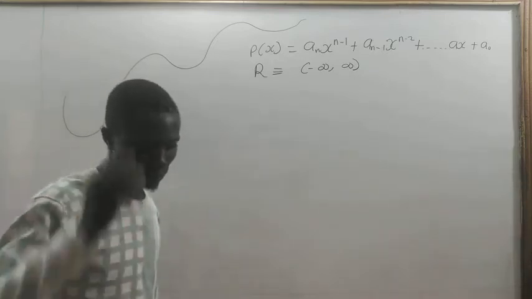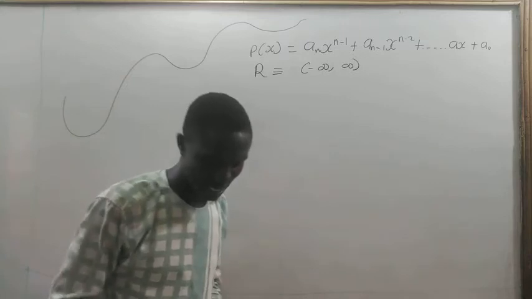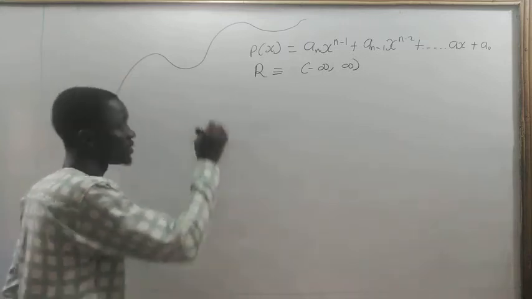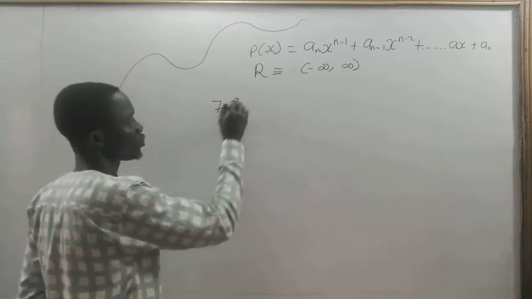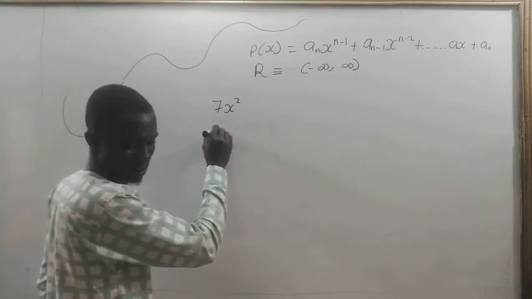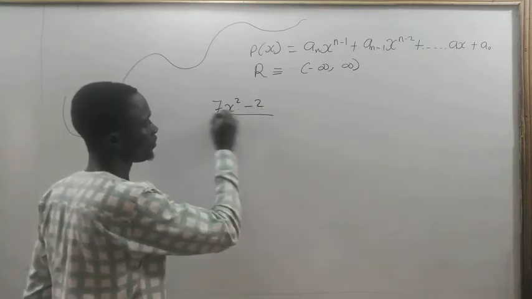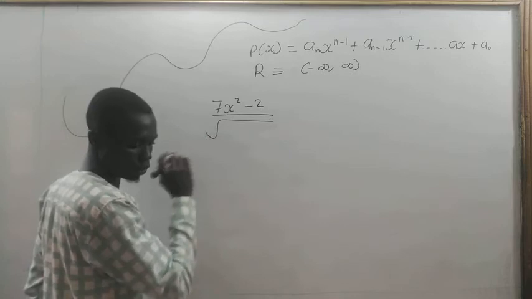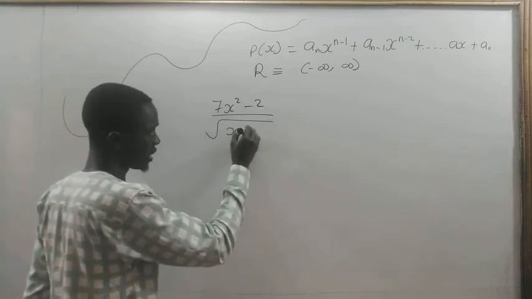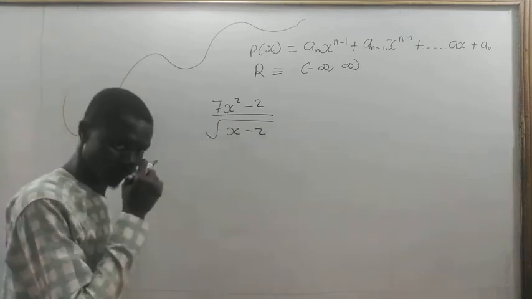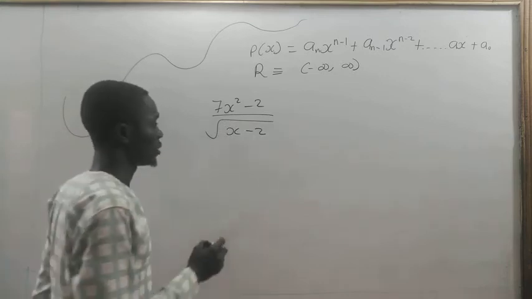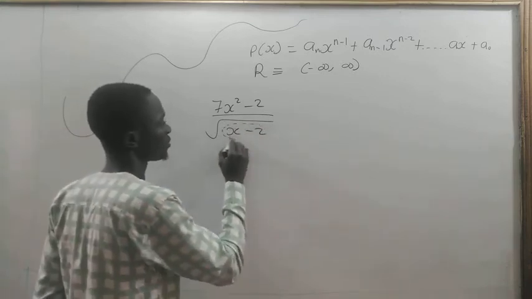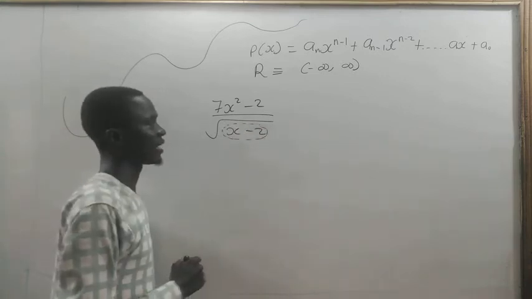Let's take another example. Let me take 7x squared minus 2 divided by square root of x minus 2. This is very simple. Now let's look at this one. What is inside the radical?